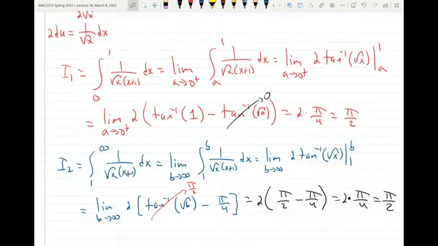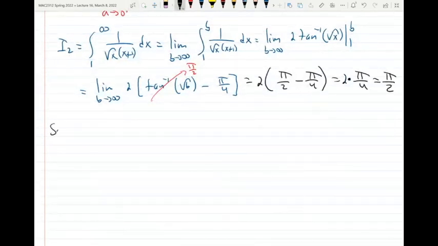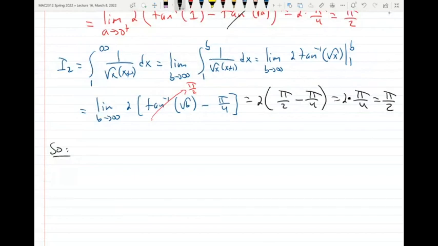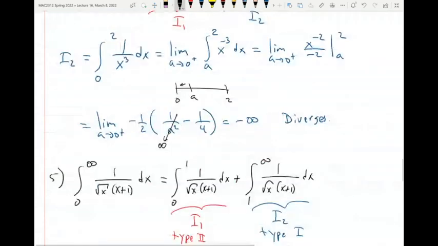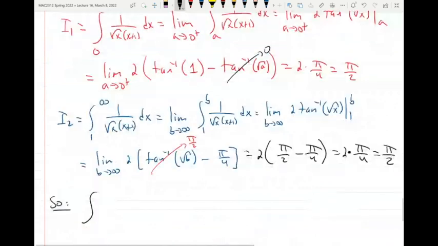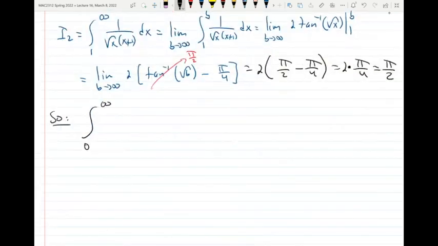And what is it equal to? Pi. So there you go, another fancy way of talking about pi. So this would be pi over 2 plus pi over 2, so that's pi. So the integral from 0 to infinity of this equals pi. So it converges.